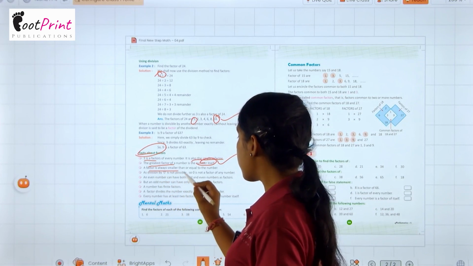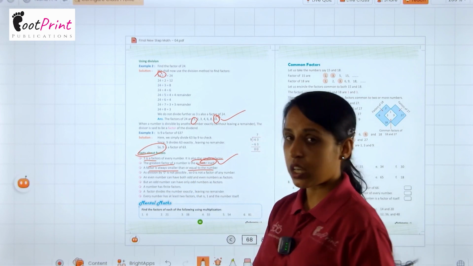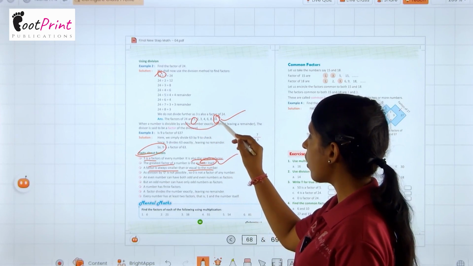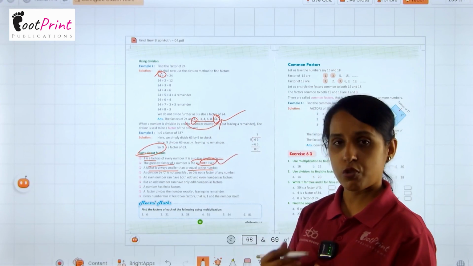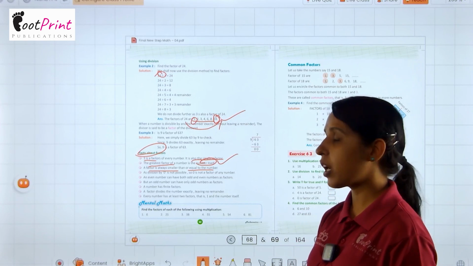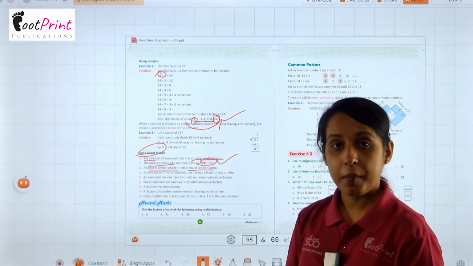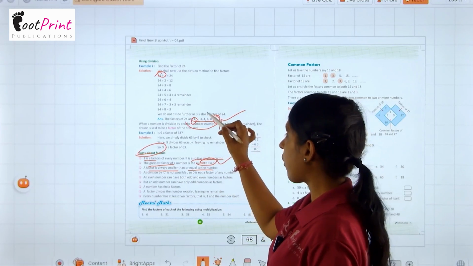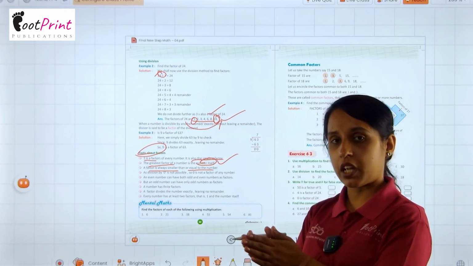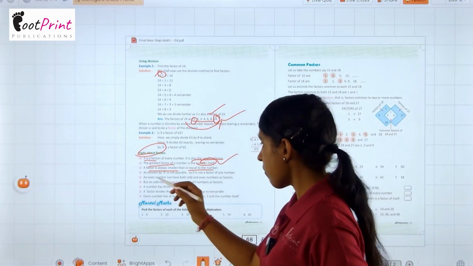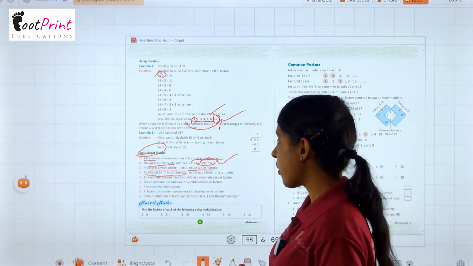A factor is always smaller than or equal to the number. तो जो भी फैक्टर होंगे वो या तो नंबर के इक्वल होंगे या नंबर से छोटे होंगे. मल्टीपल हमने पढ़ा था कि या तो इक्वल होता है या गिवन नंबर से बड़े होते हैं, लेकिन फैक्टर्स गिवन नंबर के इक्वल होंगे या उससे छोटे होंगे.